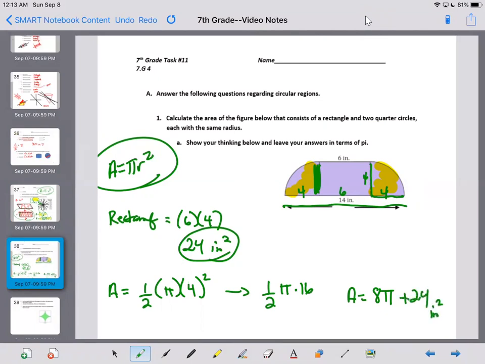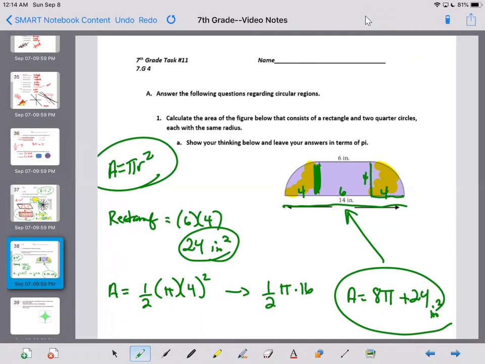So the area of this shape that we don't really have a name for, it's kind of like, if you're looking at the area of a track and field, it would be half of it. But we had to piece together formulas that we know, which was the area of a rectangle and the area of 2 quarters. If you put the 2 quarters together, then you're going to have half of a circle. So the 24 plus the 8 pi is all in square inches.